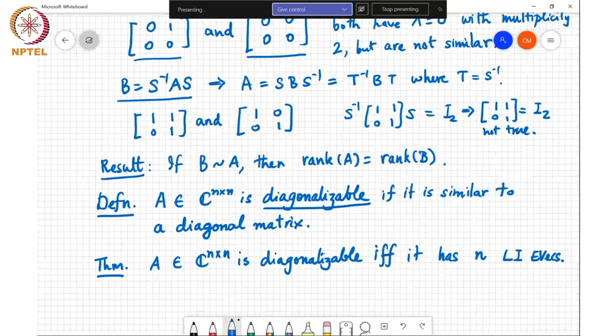So that is the requirement, that it must have n linearly independent eigenvectors.